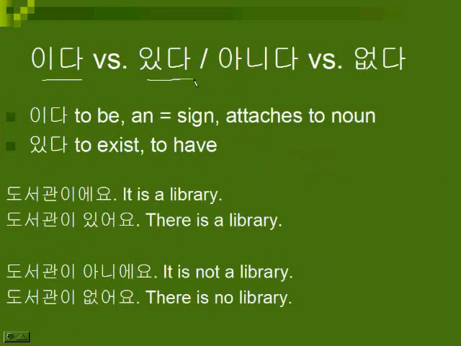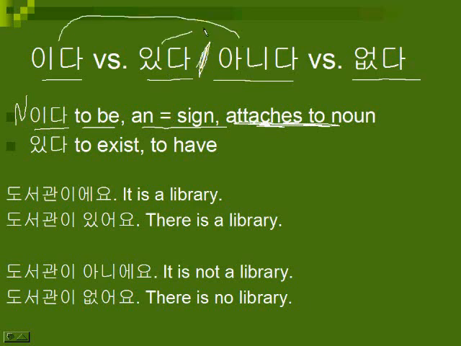Now, ida versus itta, 아니다 versus 없다. I'm going to go over this a little better. Ida to be is an equal sign and attaches to nouns. Very friendly. Ida will love nouns just coming up to it and attaching. Now I say slash right here because remember this is this and this is this. It's the same thing but opposite.